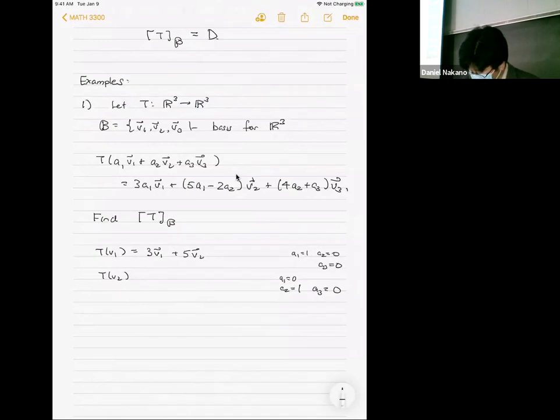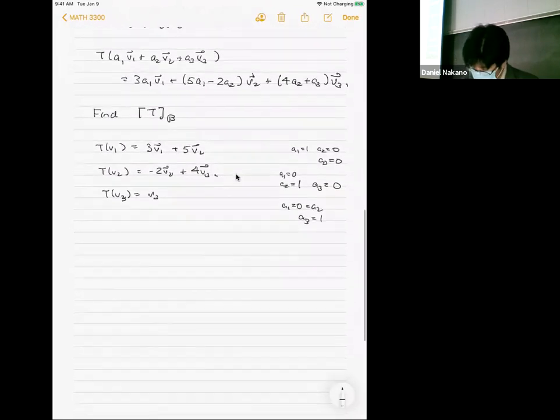Then A2 is 1, so I get -2 V2, and finally I get 4V3. And then finally, T of V3: here A1 is 0, A2 is 0, and A3 is 1, so we get 0, 0, and then V3.